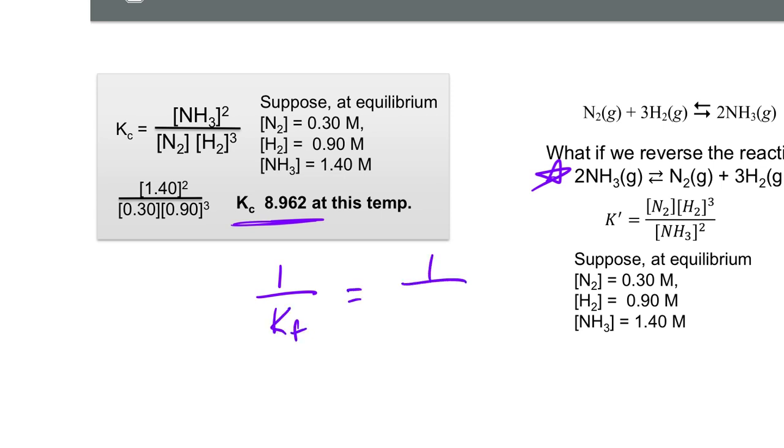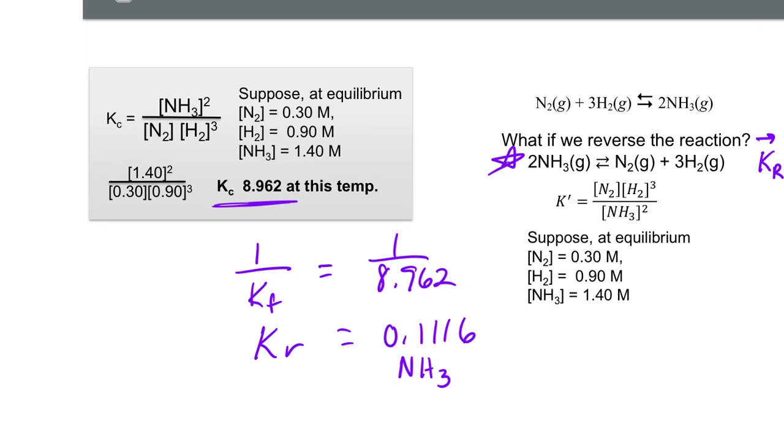So that would be 1 over 8.962, which is equal to 0.1116. I'm leaving a couple extra digits here. Okay? So I'm calling the forward reaction the one where we take N2 plus H2 to form ammonia. So that's for the reverse. Make sense?